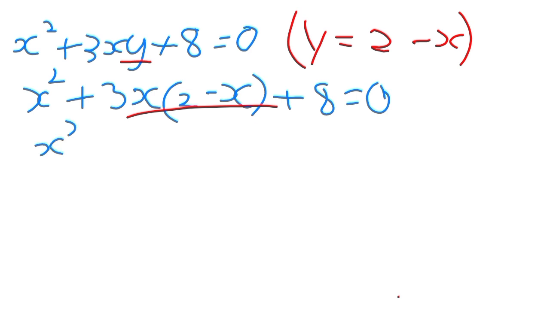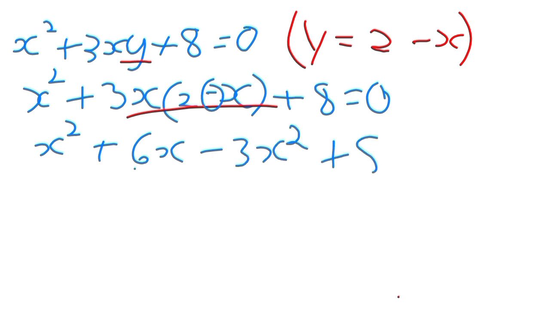Here we have x squared plus, we multiply 3 by 2, it is going to give us 6x. Then that one is going to be minus 3x squared, remember the sign. You multiply all over. We have 3x squared plus our 8 is going to be equal to 0.